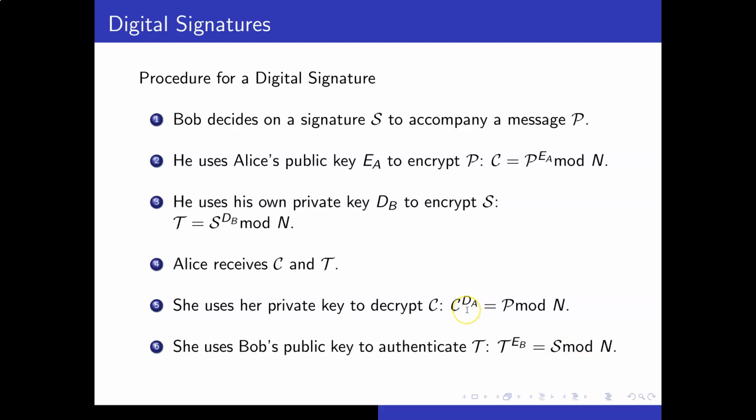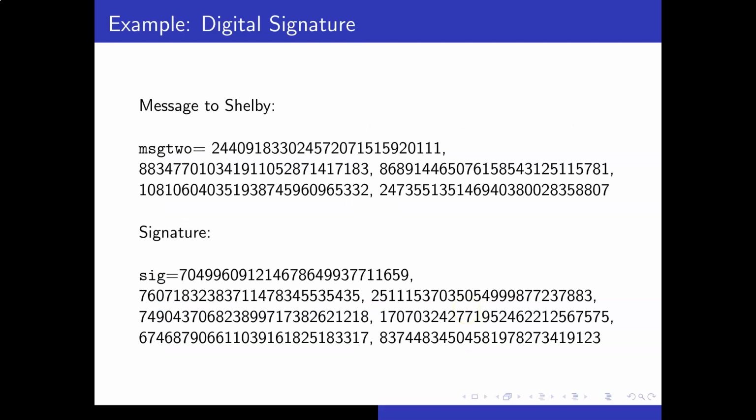All right, so let's see how this works. So, I am going to send this message ostensibly to Shelby. All right, so Shelby receives this message here, this massive string of numbers, and then accompanying it is this signature file.